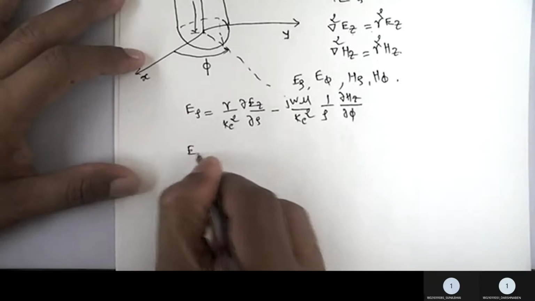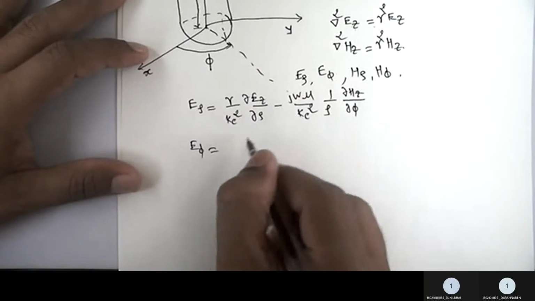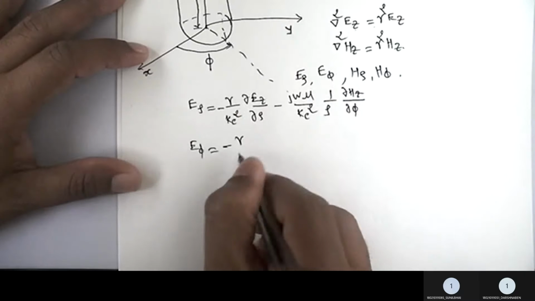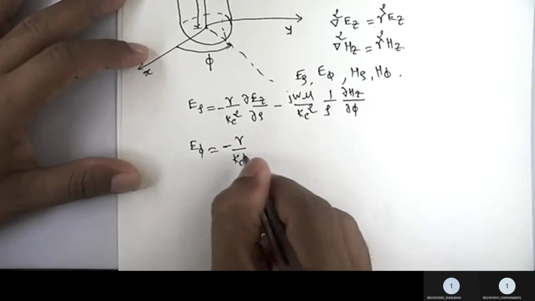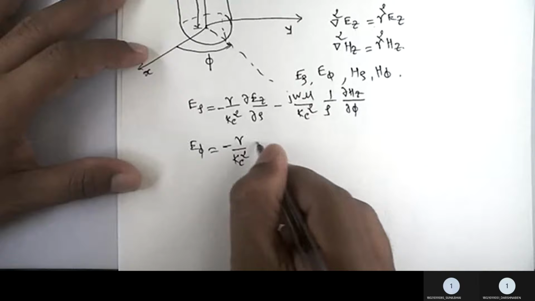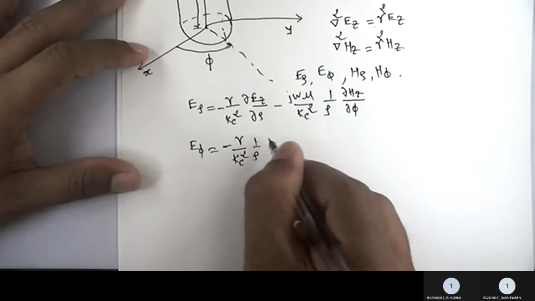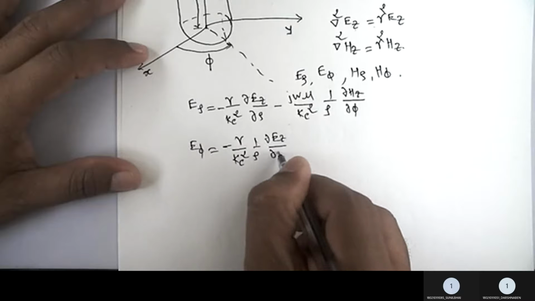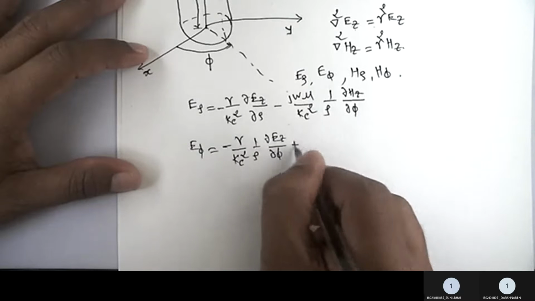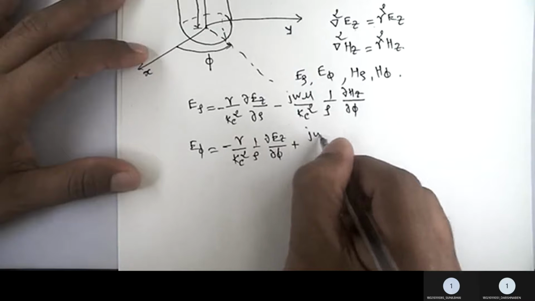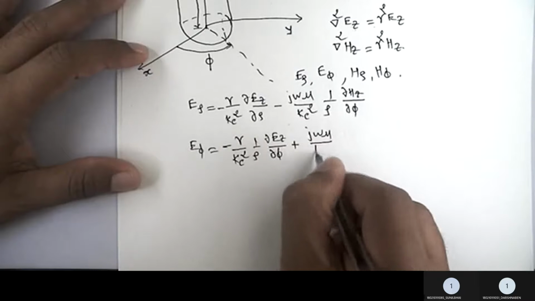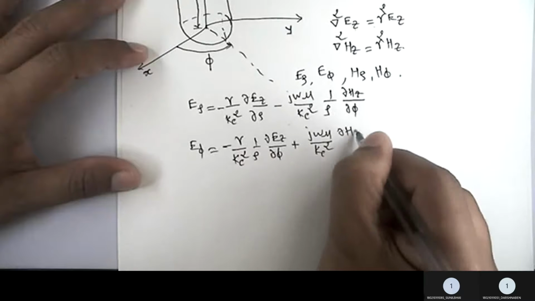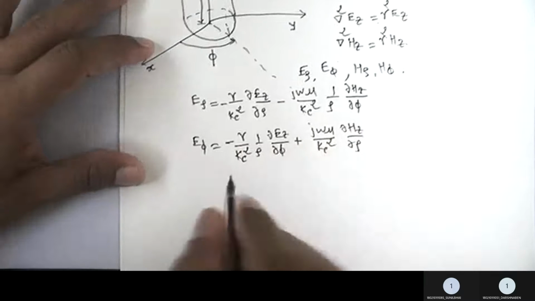The next component is E phi, which is minus gamma, sorry, here also there is a minus. So minus gamma by kc square, 1 over rho, del Ez by del phi, plus j omega mu by kc square del Hz by del rho.